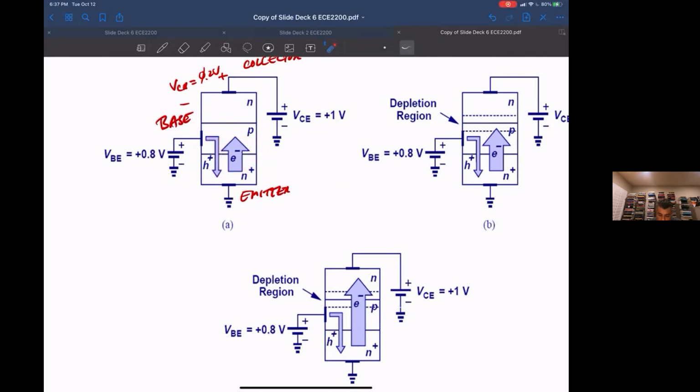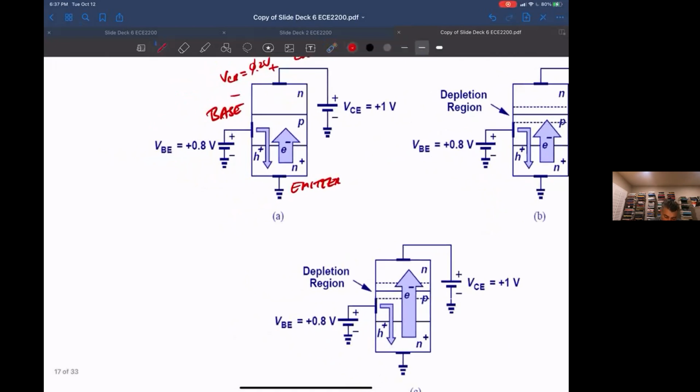Okay, so N plus. N means that we have donor dopants in that region, so N sub D dopants. And shorthand for a region with a very high number of donor dopants is N plus. You also have N plus plus, which means even higher.